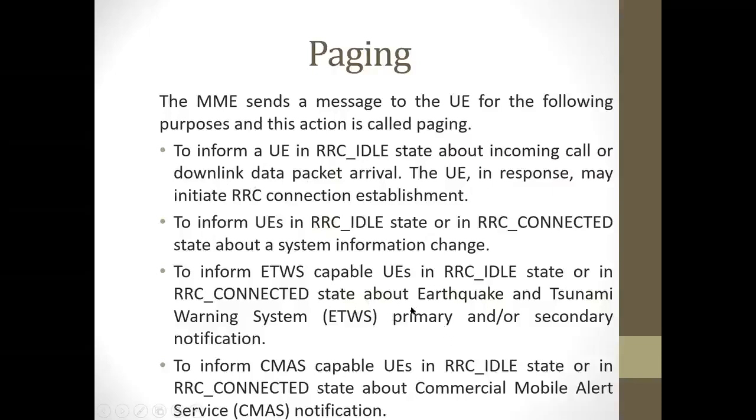There are also two things to take care of emergency situations: the earthquake and tsunami warning system, and the commercial mobile alert. The first one, as the name suggests, sends a notification to the UE. Since we have just 3 minutes, I'll just talk about this.